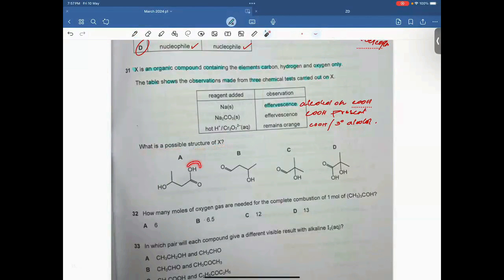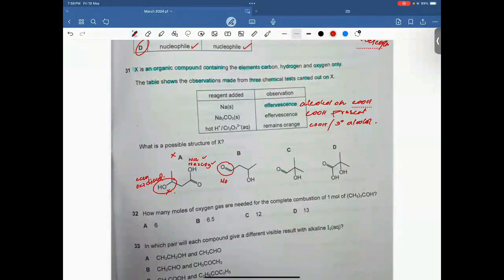So we have carboxylic acid. That's right. That can give sodium metal and sodium carbonate. So this gives sodium metal and sodium carbonate test positive, right? But this is secondary alcohol, can oxidize. So that's wrong. Option A is wrong. This is an aldehyde.